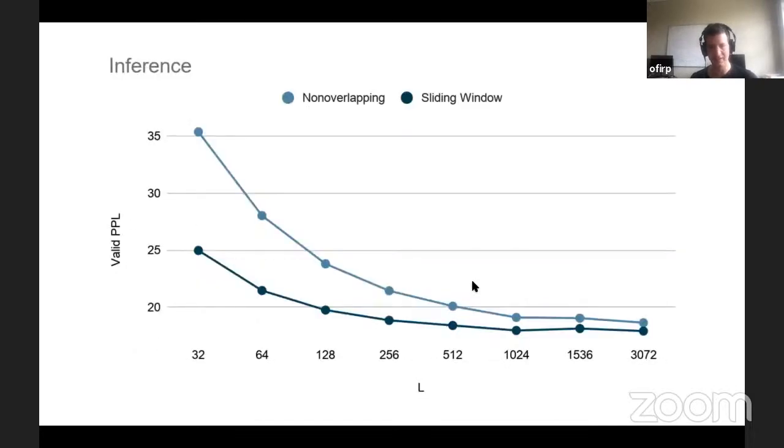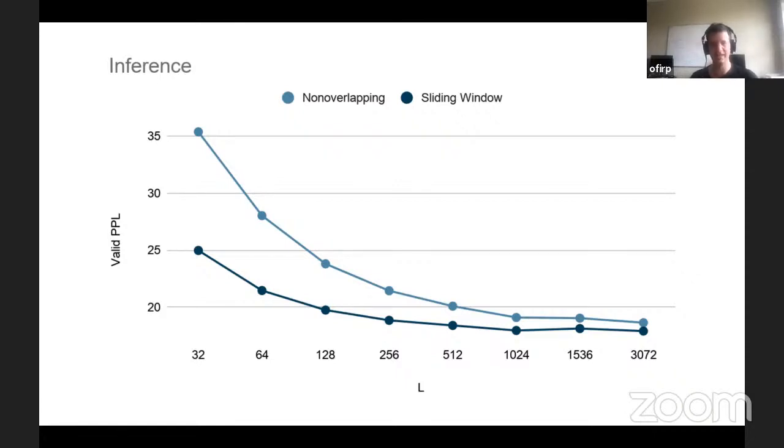Now what we're going to do is take our 8 different models trained on different input sequence lengths, and use sliding window evaluation to evaluate all of them. And we notice 2 things. First of all, obviously all the numbers get better.